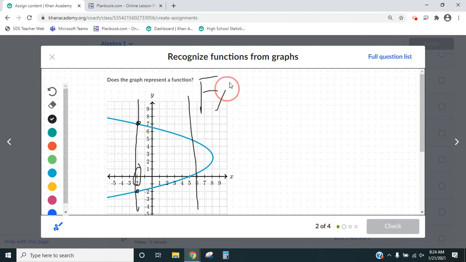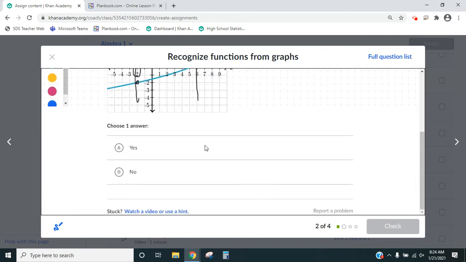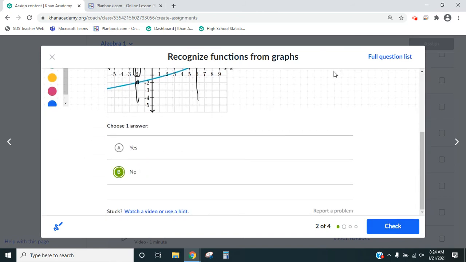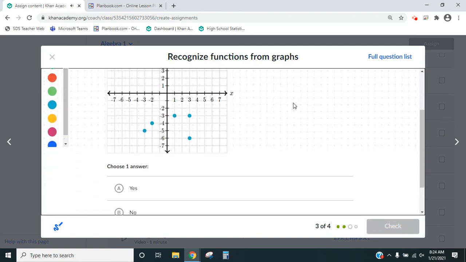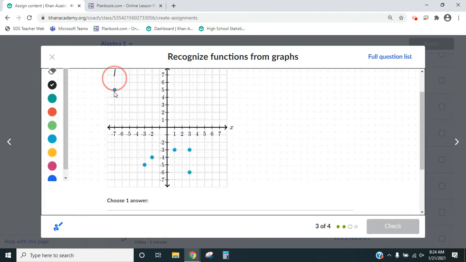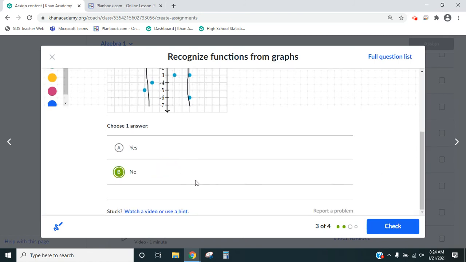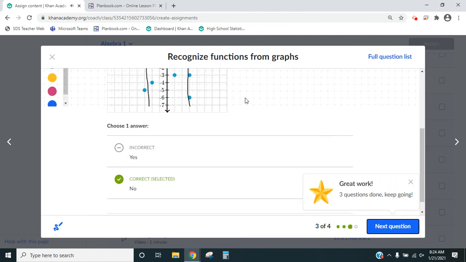We can make our own Snapchat channel with function failures. Would that be cool? So this is not a function, when it fails like that. Another one. All it takes is one failure. So this is not a function. It touches the line twice.